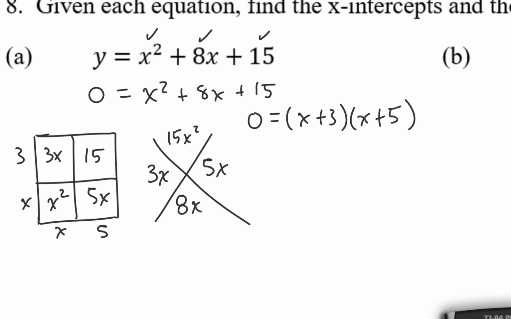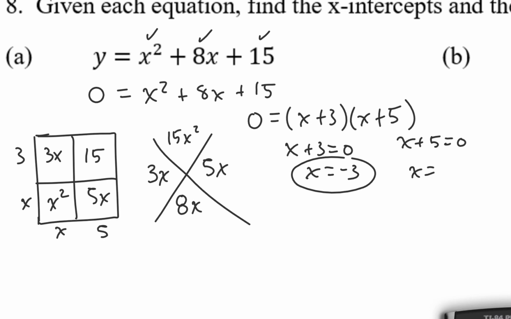And of course, the beauty of the product, and my motivation for doing this, is that now I can use the zero product property to find the values of x that will produce an output of 0. Just by setting each of these pieces equal to 0, I see that x is negative 3, that's one, and the other x would be negative 5.